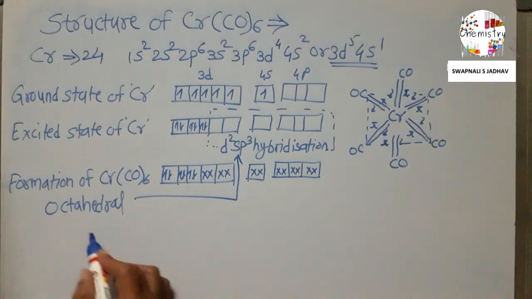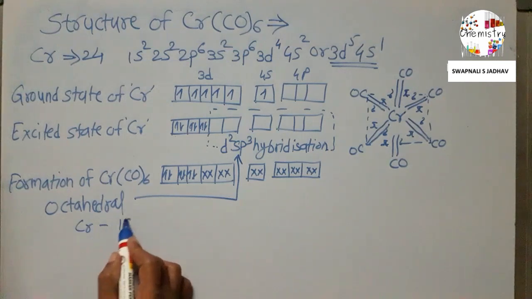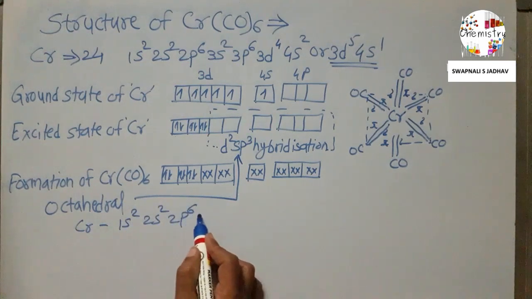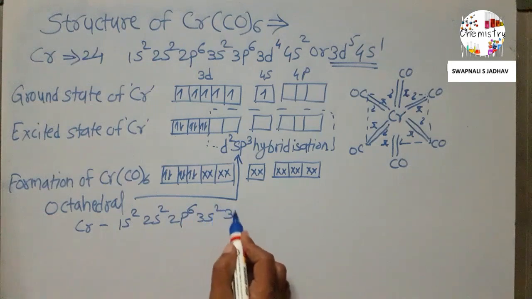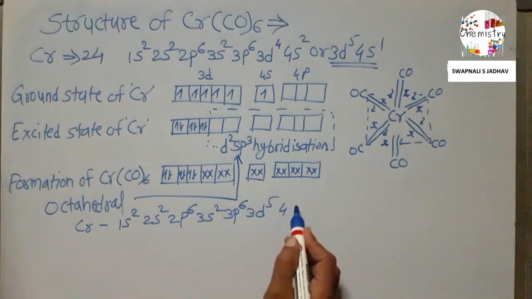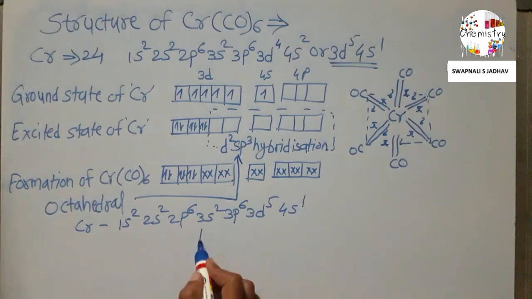So according to the recent concept, the electronic configuration of chromium can be written as 1s2, 2s2, 2p6, 3s2, 3p6, 3d5, 4s1. So which hybridization? d2sp3.